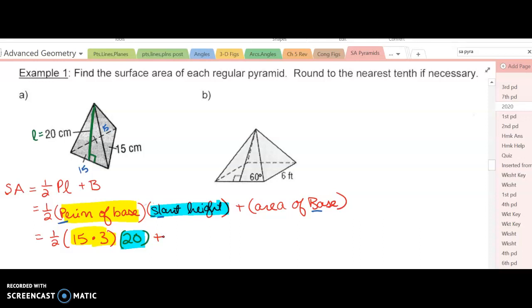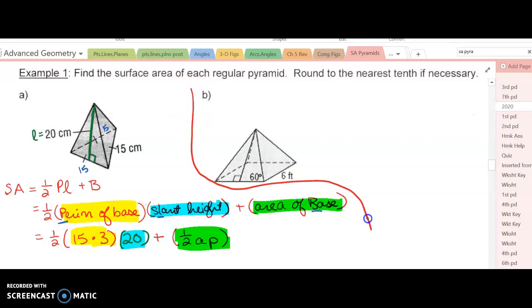Since our shape is a regular polygon, there's technically two different ways to solve this, but we're going to do 1/2 apothem times perimeter for the area of the base. And this is all still A, friends.